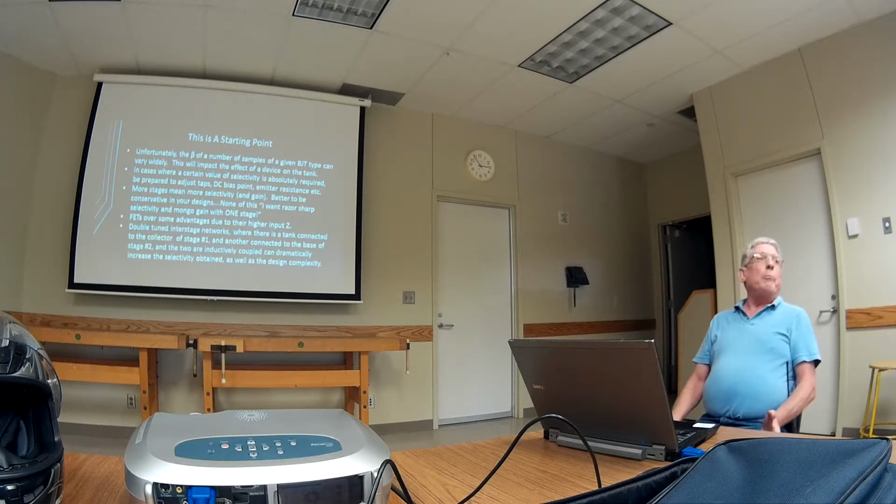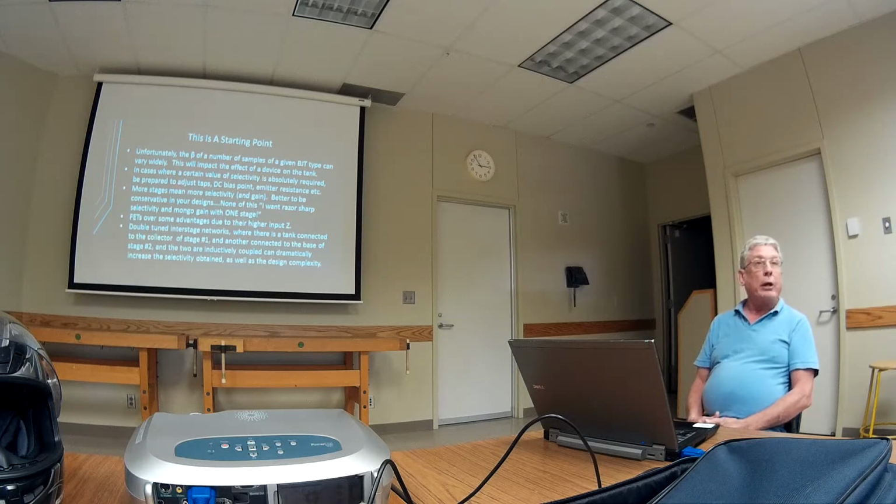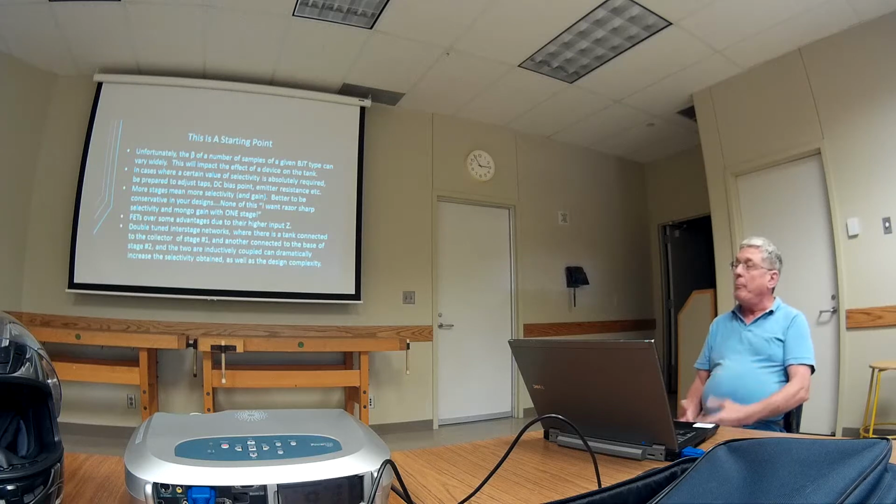And this is a starting point. This is not the end all, because unfortunately the beta of a handful of, say, 2N3904s can vary widely. And that factors into the input impedance of that Q2 stage. So you may have to do some putzing.